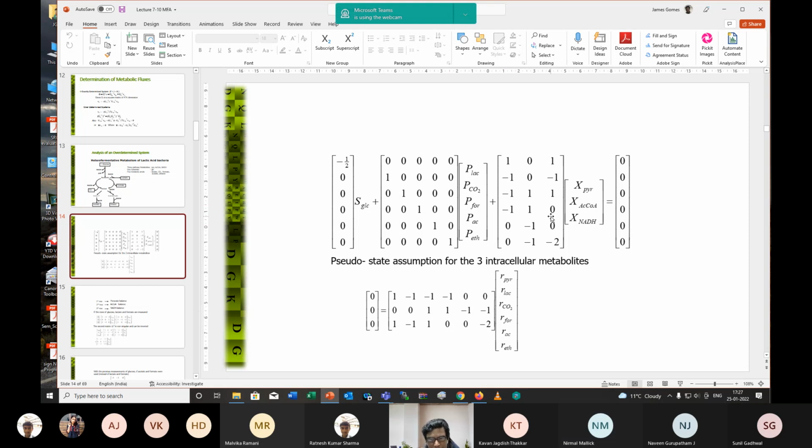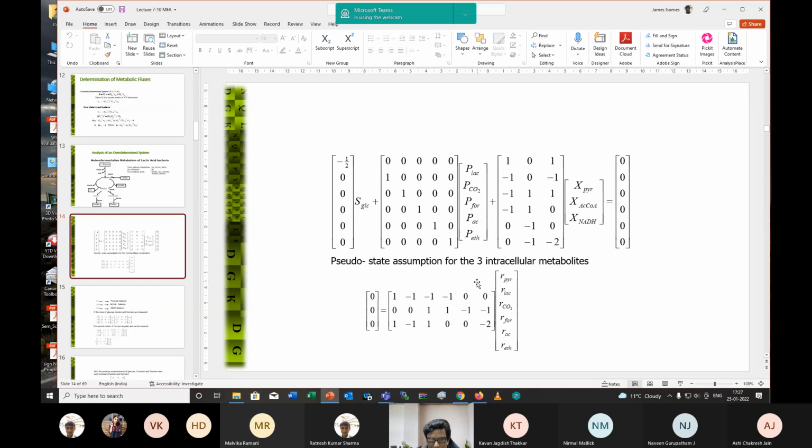And from there, if you come here, we just move from that point to this point, which is nothing but R is equal to 0, so the rates of these are going to be 0, and the individual components contributing to that rate come from the individual equations where they are present. So pyruvate is present in 1, 2, 3, 4, but not in 5 and 6.